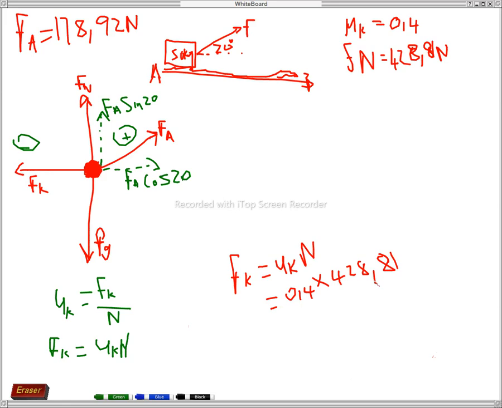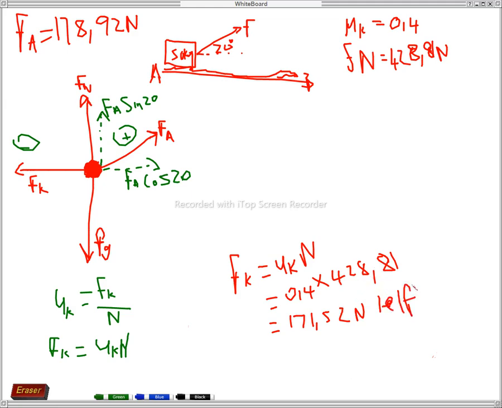Your answer is, the frictional force is 171.552 newtons. You can say left, because it's the frictional force.